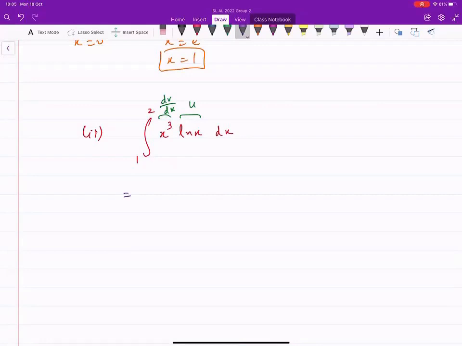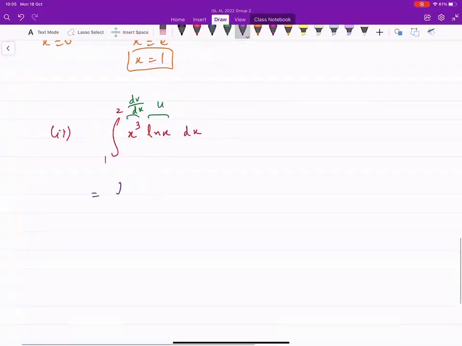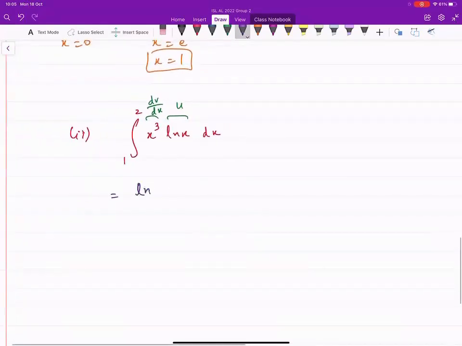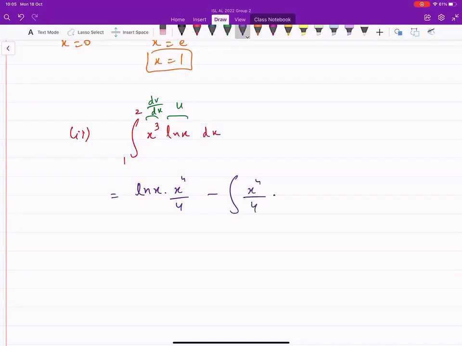u into v. u क्या है? ln of x. u is ln of x into v. v is x raised to power 4 over 4 minus integral of v. What's v? x raised to power 4 divided by 4 into derivative of ln x. That's 1 over x dx.